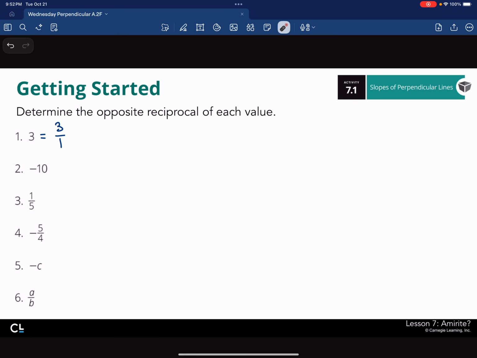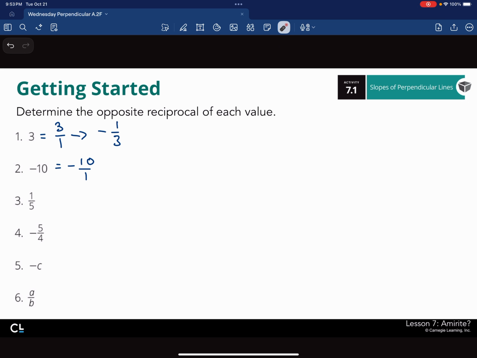So now we have negative 10. Again, I need to change that into a fraction. So that's going to be negative 10 over 1. Okay, now let's go back to the first one. I changed it to a fraction, but I still need to do the opposite reciprocal. So positive 3 over 1 changes to negative 1 over 3.